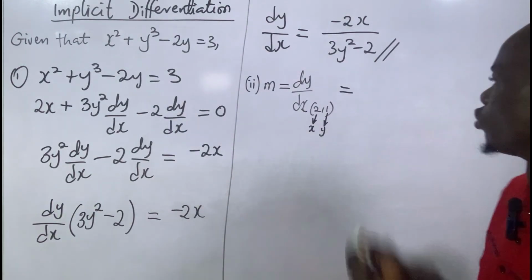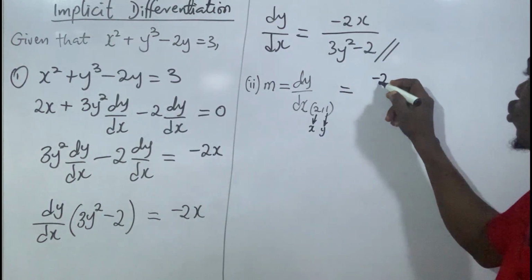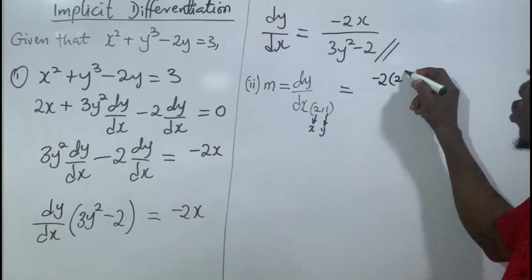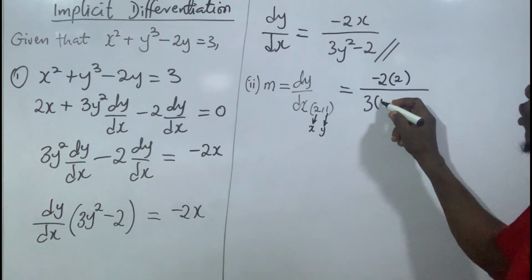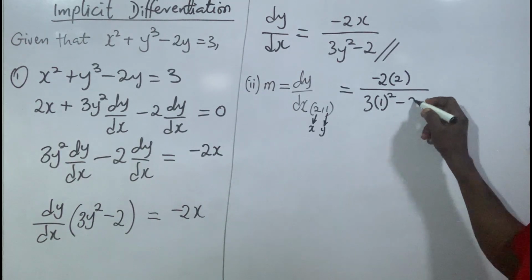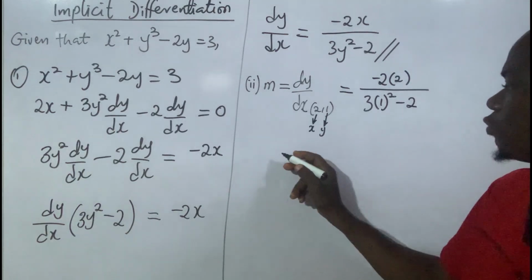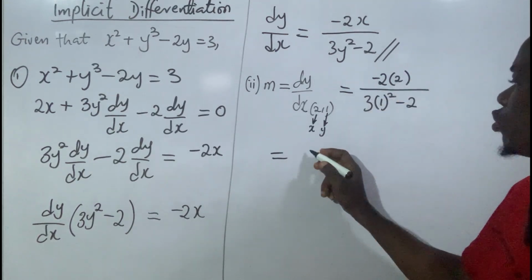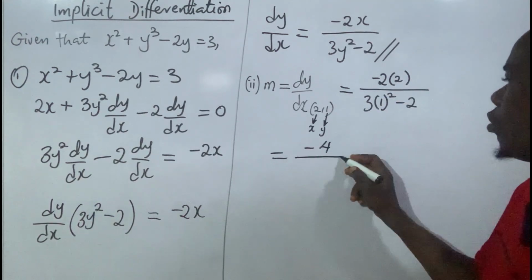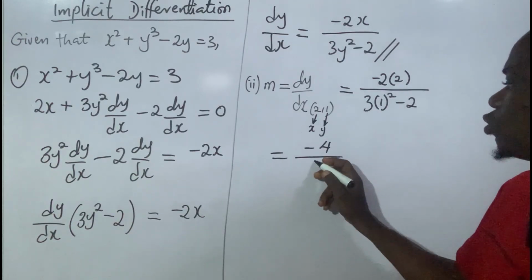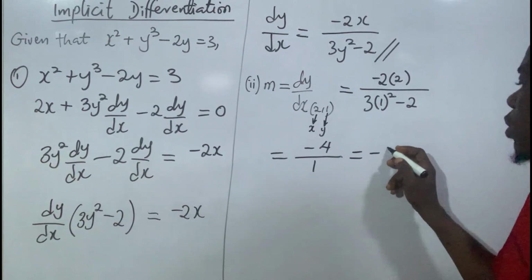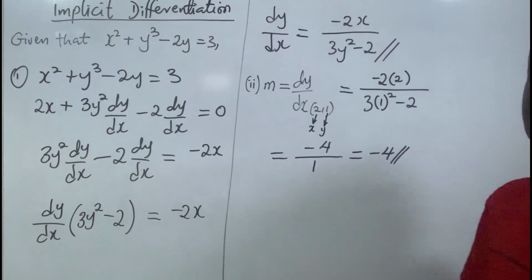So if I substitute here, I have minus 2 times x, which is 2, over 3 times y, which is 1, squared, minus 2. If we solve this, minus 2 times 2 is minus 4, over 1 squared is 1, times 3 is 3, minus 2 is 1. So our answer is minus 4.